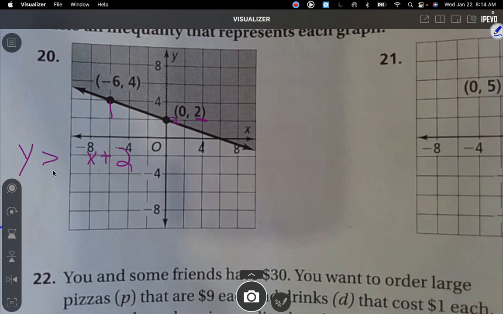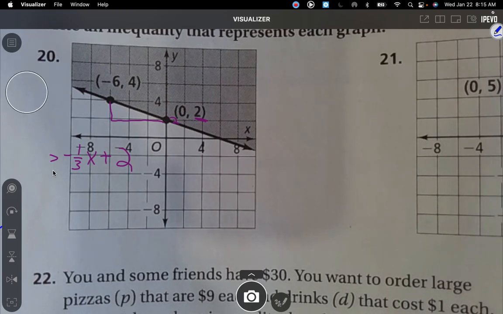Down 2, because we're counting by 2s, and over how many? 2, 4, 6. Down 2 and over 6. Can we reduce that? What is 2 over 6? 1/3. You can put it in your calculator and it would tell you. So it's actually negative 1/3 x plus 2. That's your equation, or your inequality. It's like a little puzzle. You work backwards and figure it out. So you would start at 2, go down 1 and over 3.